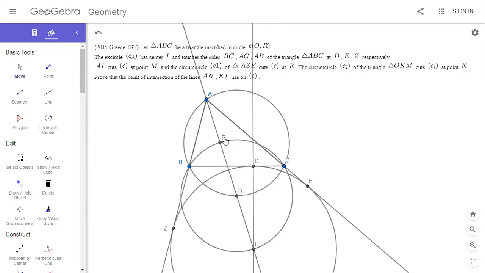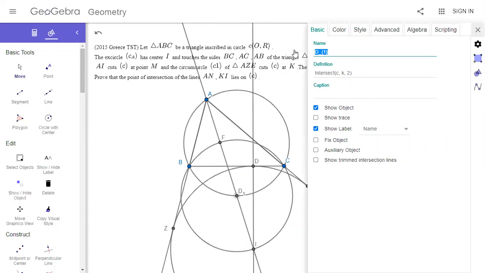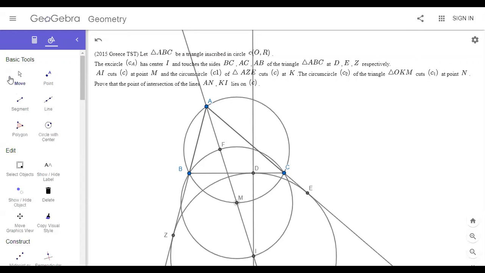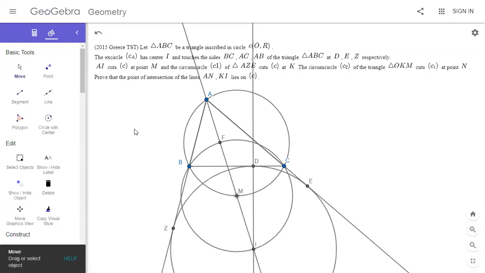It's so hard not thinking of it as the incenter. AI cuts C at point M. So maybe that's part of the challenge of this problem, having to work with different letters. The circumcenter should be C, obviously. Next level is just plain Greek letters.